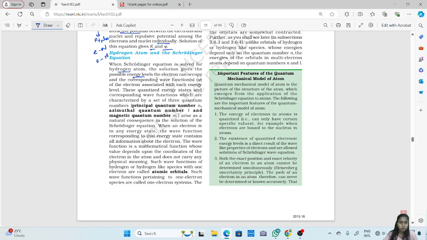There are various energy levels, and even the energy associated with the levels can be known.